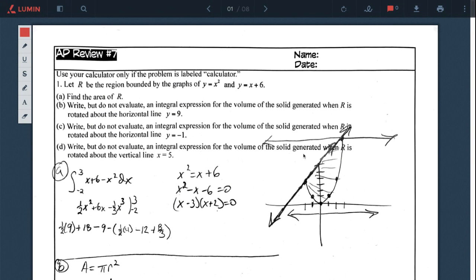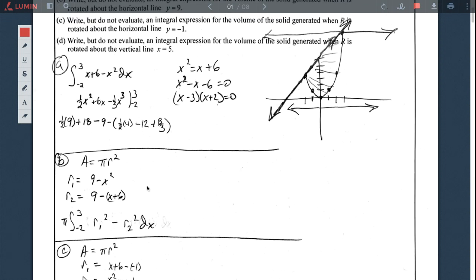The last one, when R is rotated around the vertical line x equals 5. So 1, 2, 3, 4, 5. So I'm going around the vertical line. That's right there. Notice when I'm rotating, again, I'm not in constant contact. So that means I need 2 R's, and the vertical line is on the right, so that means it has to come first.